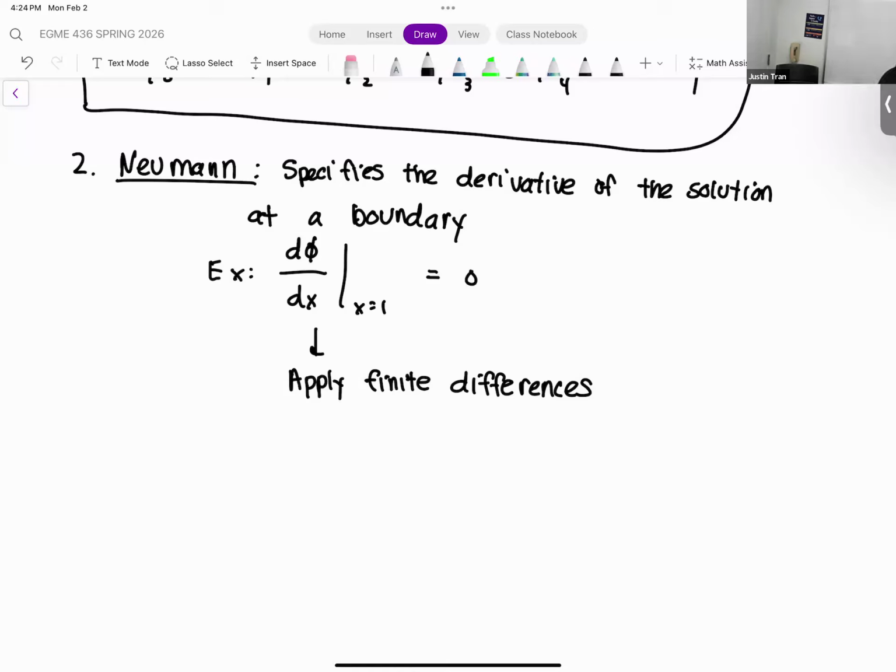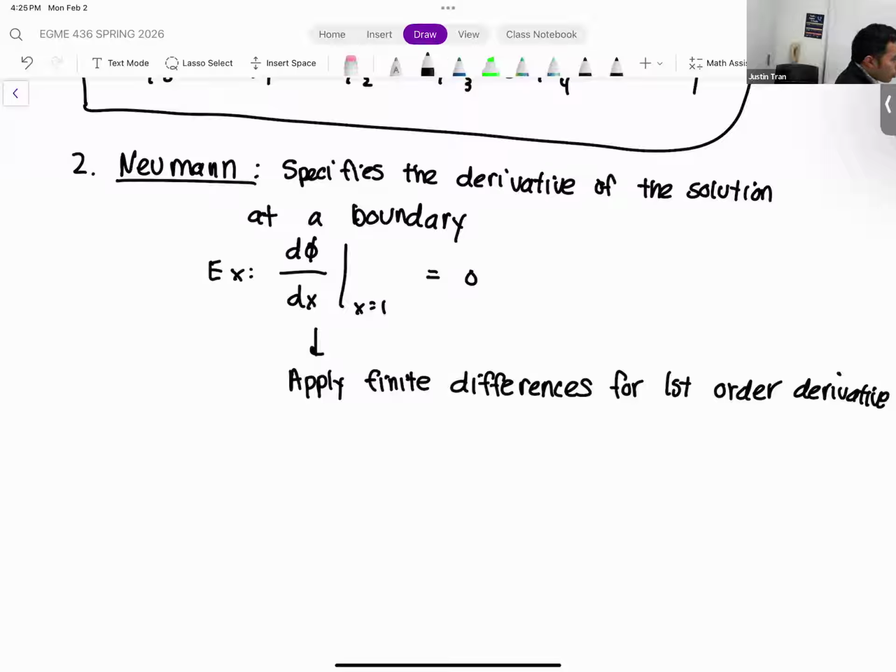So our governing differential equation had a second order derivative. So in this case, we're only going to apply a finite difference scheme for a first order derivative, okay? But we need to be careful about the scheme that we use, right?